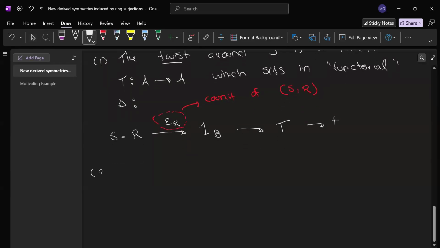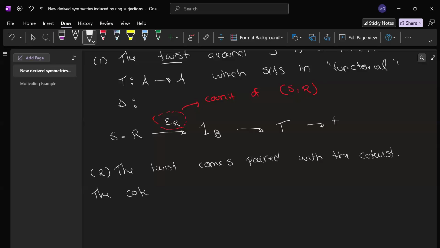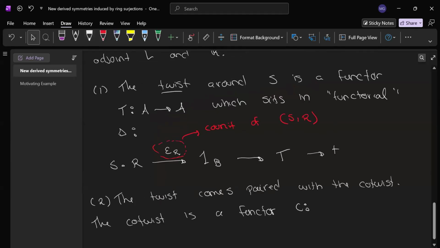Also this functor T comes paired with something called the cotwist. This cotwist is the functor C, which is an endofunctor of, oh, sorry, wait.